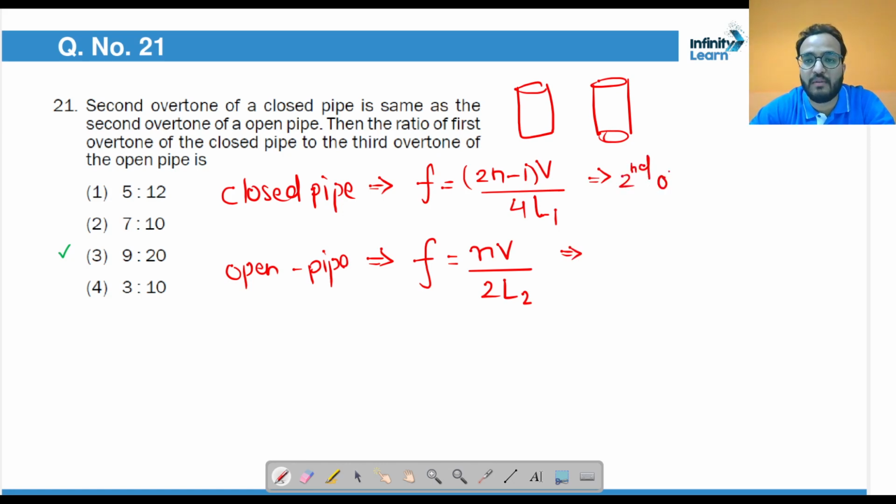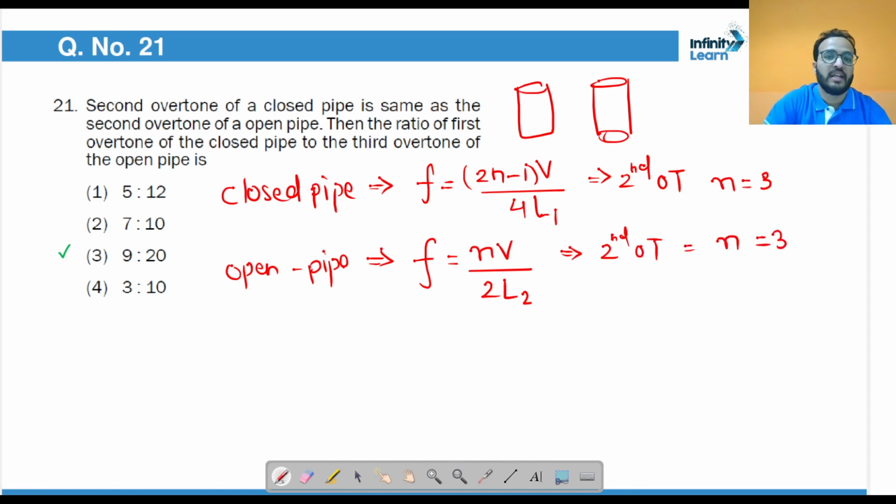See, second overtone means here n should be 1, 2, 3. N should be 3. And here second overtone means N should be 3. Right? Now they are saying that these frequencies are same.